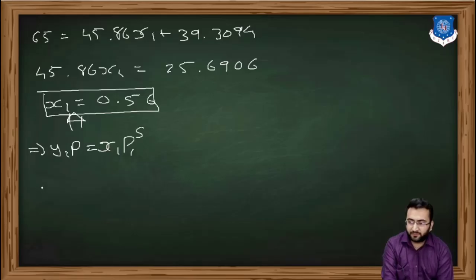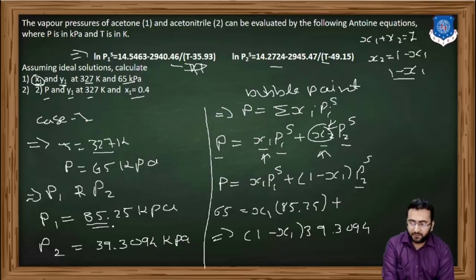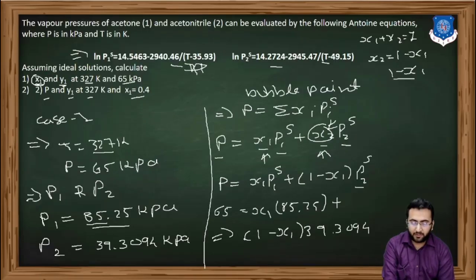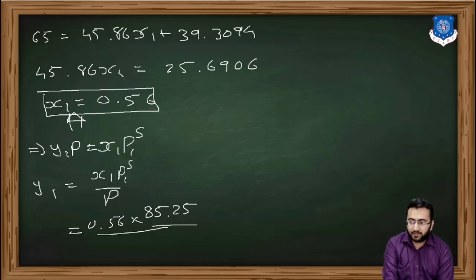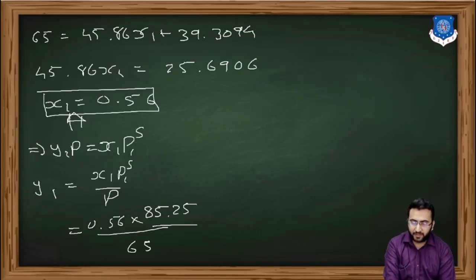By making y1 the subject, we get x1 P1 saturated upon P. The value of x1 is 0.56, multiplied by the value of P1, which is 85.25, upon the total pressure, which is already given in the statement as 65 kilopascal.